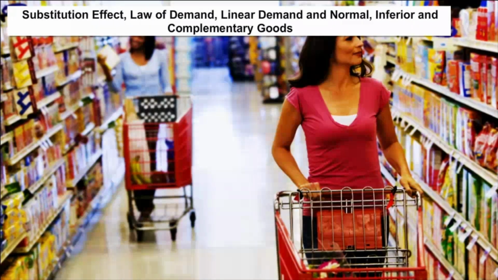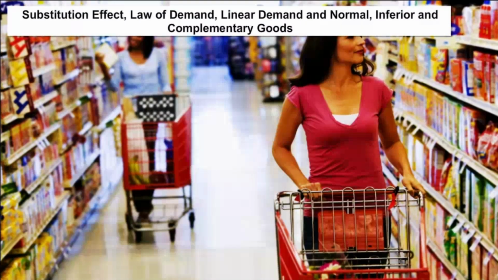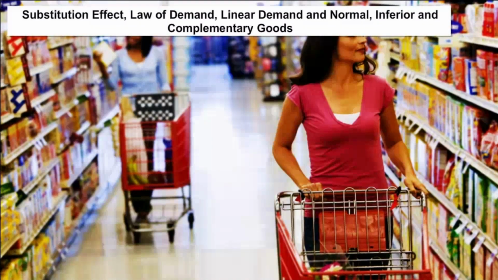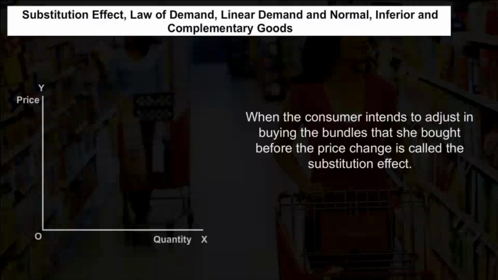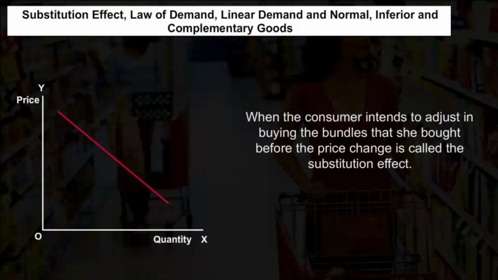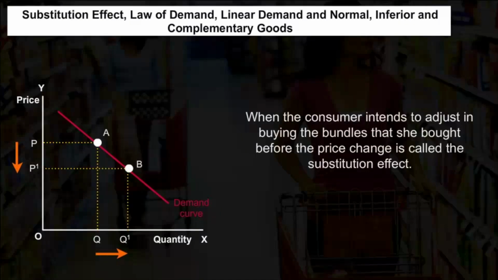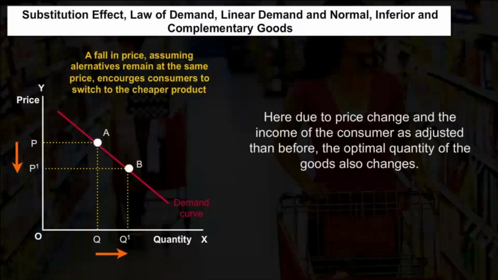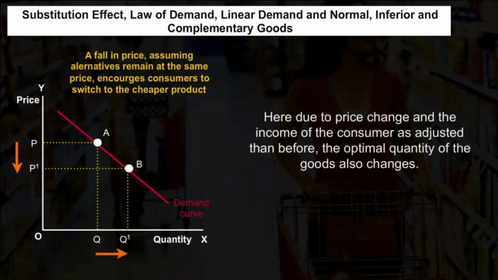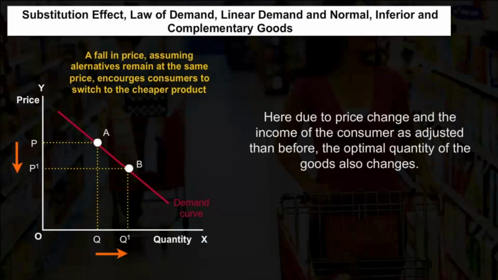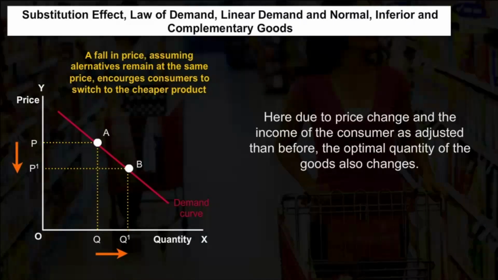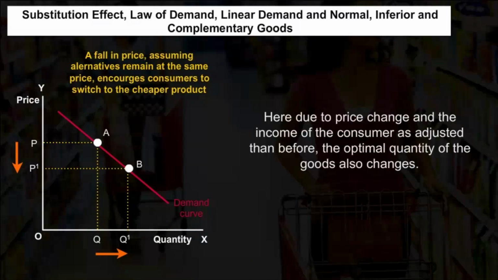Substitution effect, law of demand, linear demand, and normal, inferior and complementary goods. When the consumer adjusts the bundle she bought before the price change, it is called the substitution effect. Here, due to the price change and the consumer's adjusted income, the optimal quantity of the goods also changes.